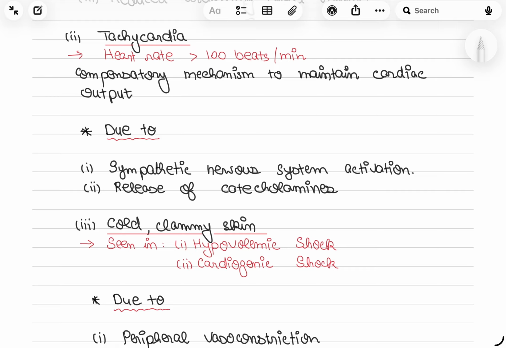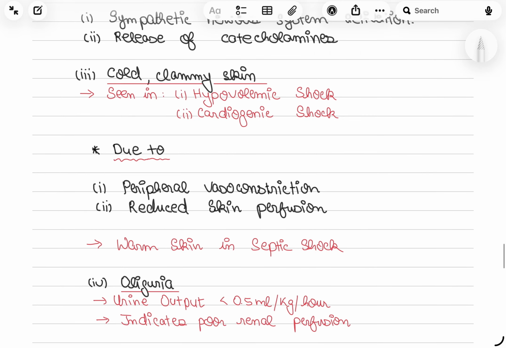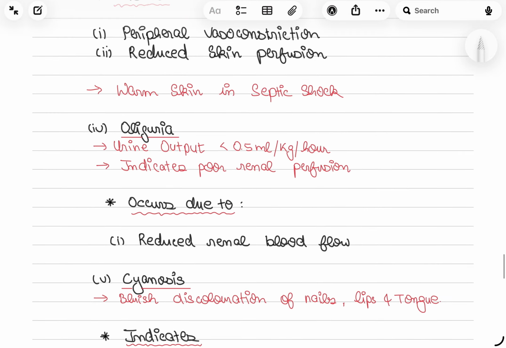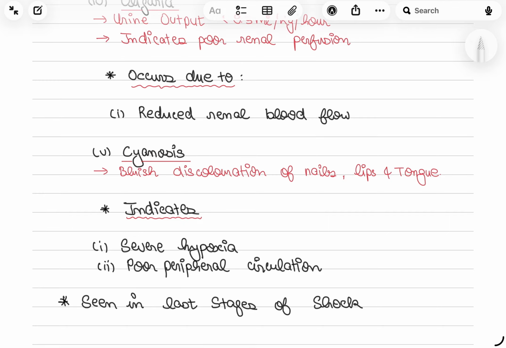Next is cold clammy skin, seen in hypovolemic shock and cardiogenic shock. This occurs due to peripheral vasoconstriction or reduced skin perfusion. In septic shock, there's warm skin. Oliguria, as we have discussed, is decreased urine output, that's less than 0.5 ml per kg per hour. It indicates poor renal perfusion and occurs due to reduced renal blood flow.